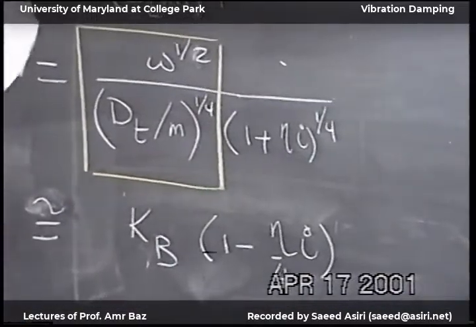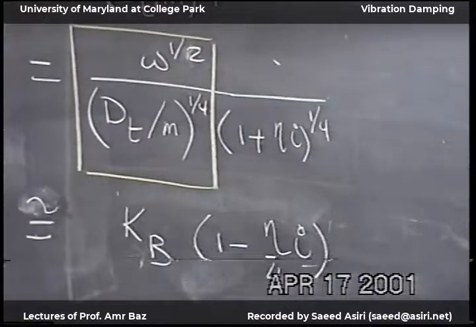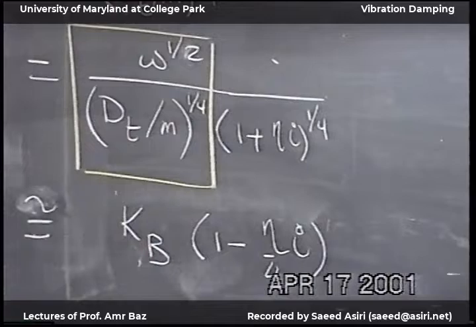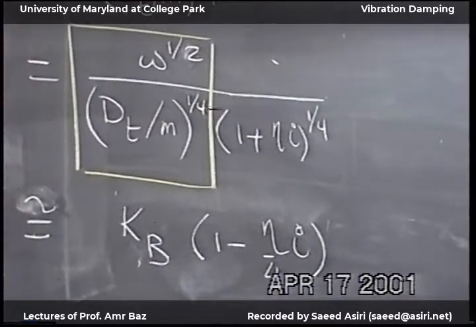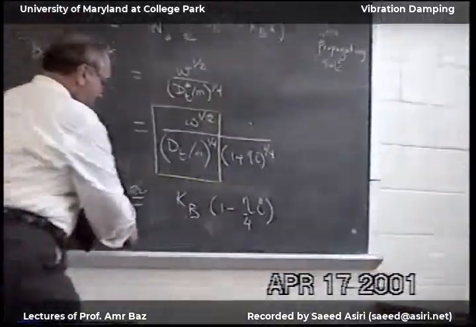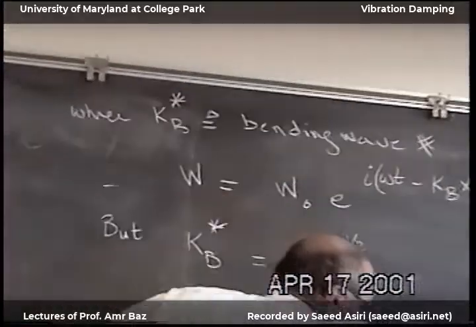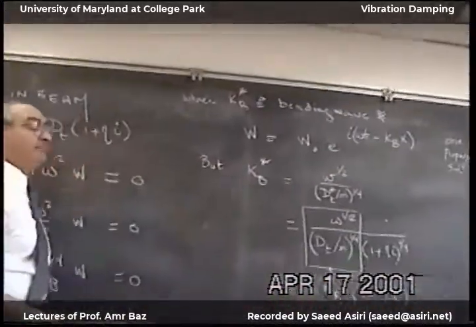Now this is k, I'm sorry, kb. This should be a complex number here, and this is a complex number here. So this now has a real wave number and a decaying part.